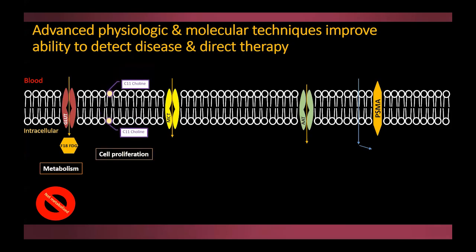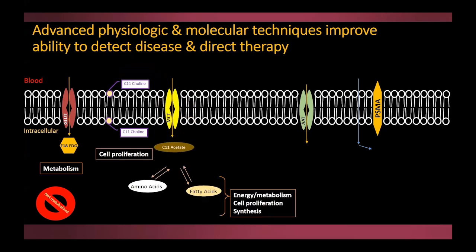C11 choline, you guys are familiar with that agent. It is selectively used in a certain place, and it is mimicking cell proliferation. We do have C11 acetate. It is not FDA approved and been used under investigation in certain hospitals.